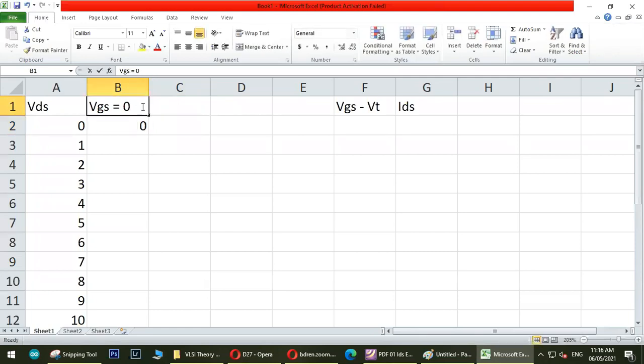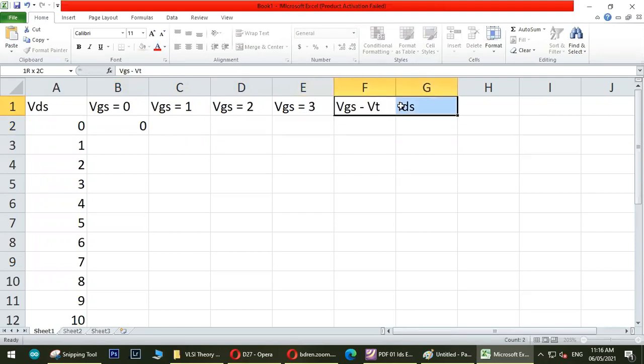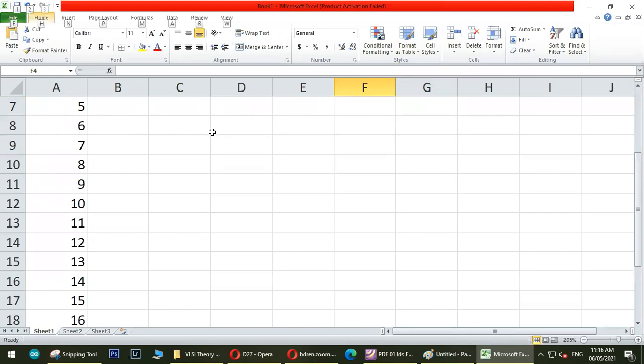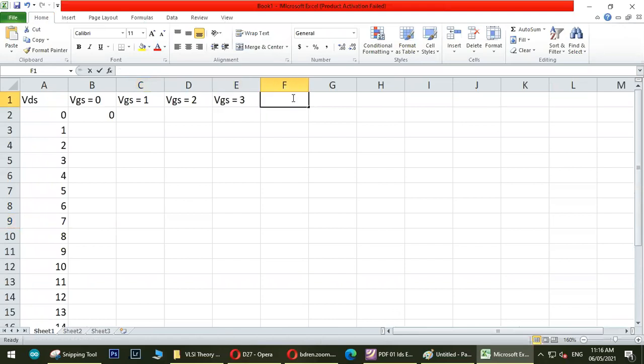When your VGS is equal to 0, let's say this will be 1, 3, and 7, right? Now I want to find out the IDS here.